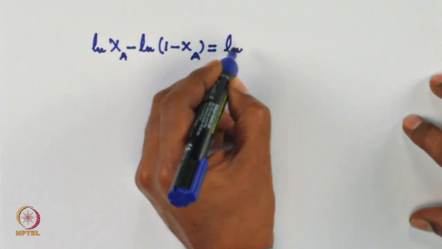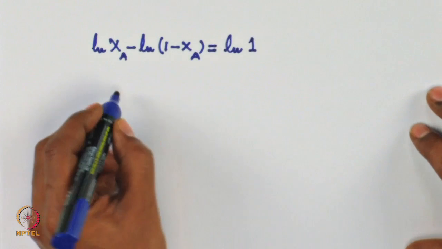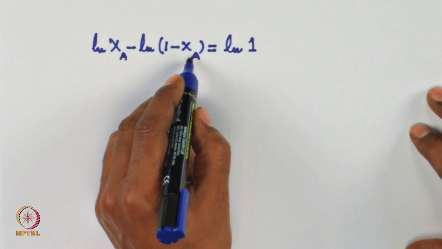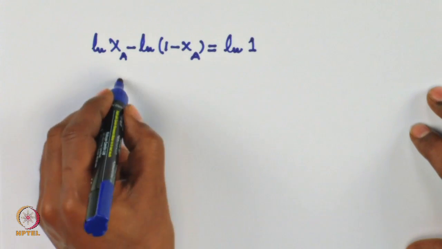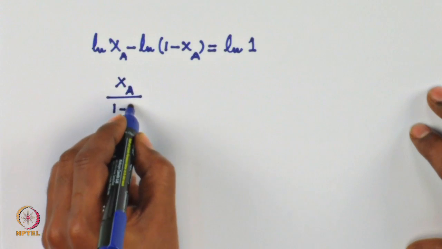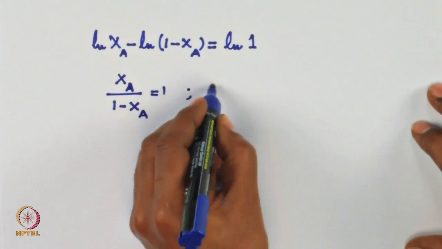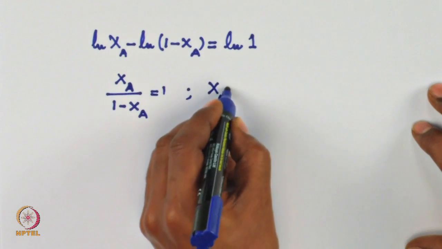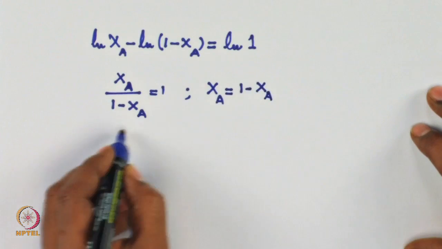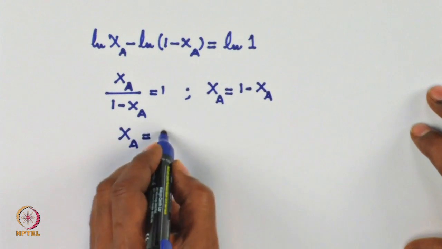Let me put 0 equal to log 1. Log A minus log B is log A by B. That means this equation tells me x A over 1 minus x A is equal to 1, which is x A is equal to 1 minus x A, or x A is equal to 0.5.